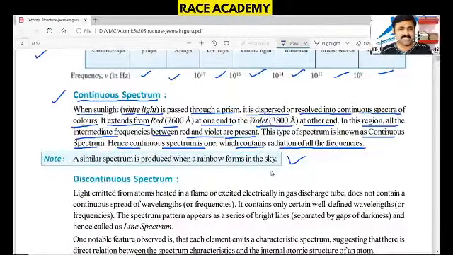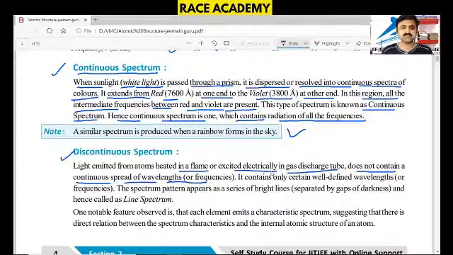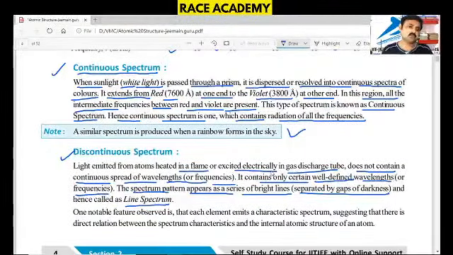Now, what about the discontinuous spectrum? Light emitted from atoms heated in a flame or excited electrically in a gas discharge tube does not contain a continuous spread of wavelengths or frequencies. It contains only certain well-defined wavelengths or frequencies, and the spectrum appears as a series of bright lines separated by gaps of darkness, called a line spectrum. So a discontinuous spectrum is a line spectrum.